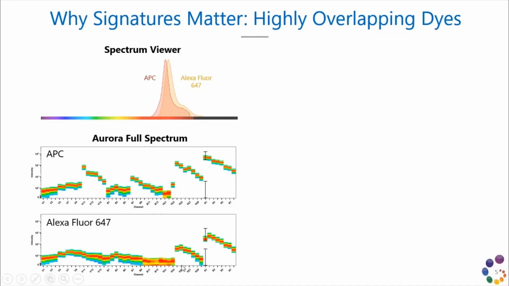If you compare the yellow-green information between these 2 dyes, you can see that the pattern looks different between the 2 dyes. And the same story for the patterns that you see in the red arrays. So, since these 2 full spectrum signatures are unique, we should be able to use them together on the Aurora. What we did next is we made a small panel to demonstrate using these dyes together, and chose markers that are co-expressed on the same cell type.